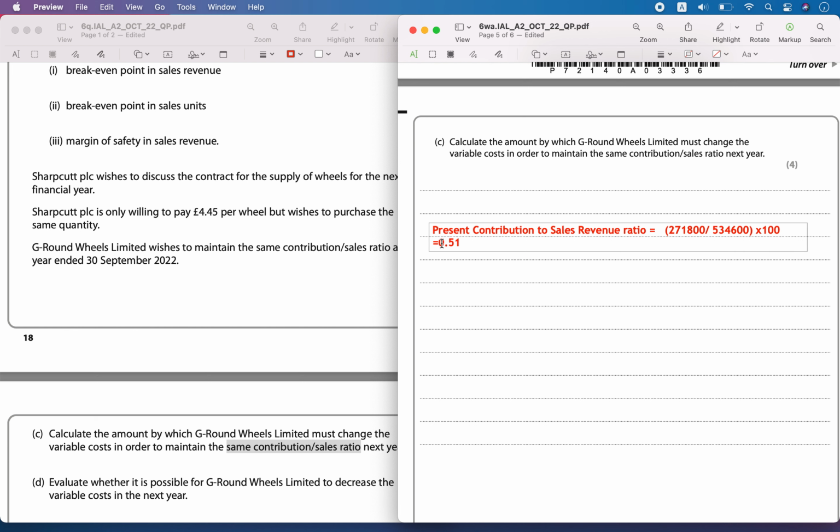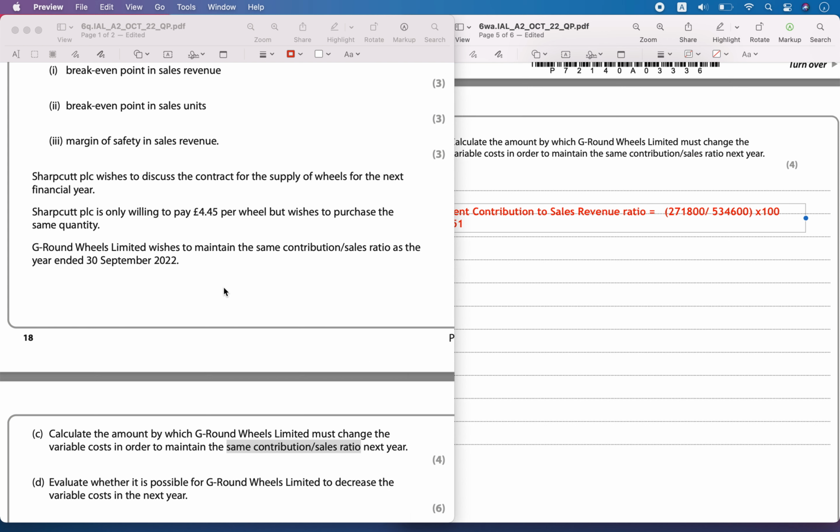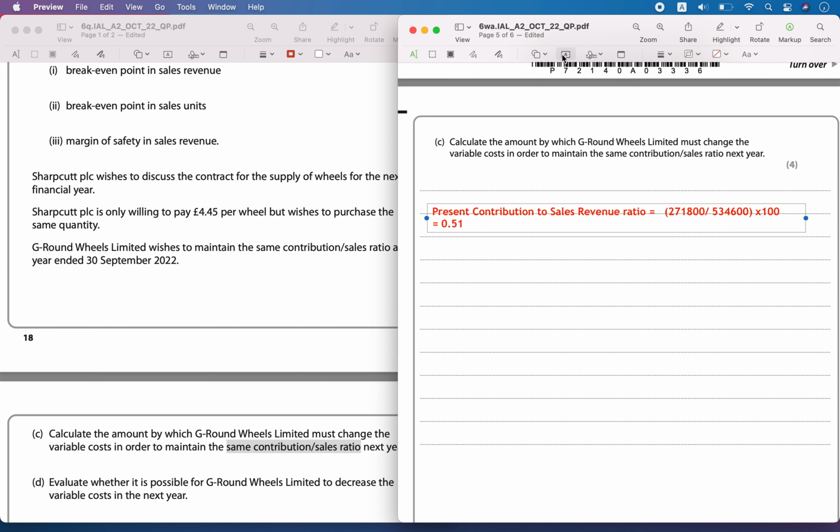It is 0.51, and this it wants to maintain. We had calculated the total contribution divided by the total revenue achieved this year, which gives the contribution to sales revenue ratio. Now this needs to remain the same, so let's calculate the revenue for the next year.